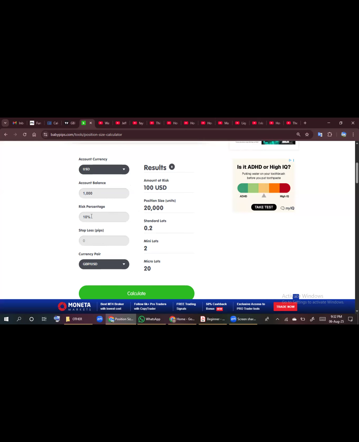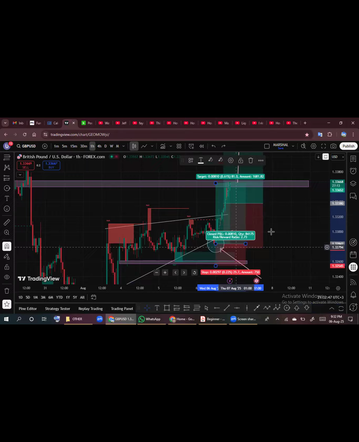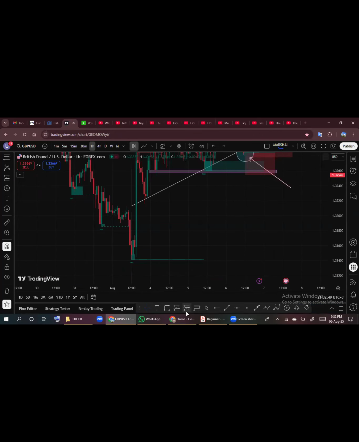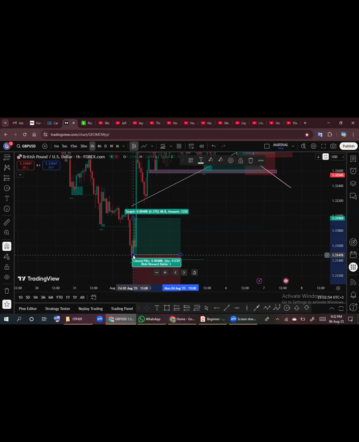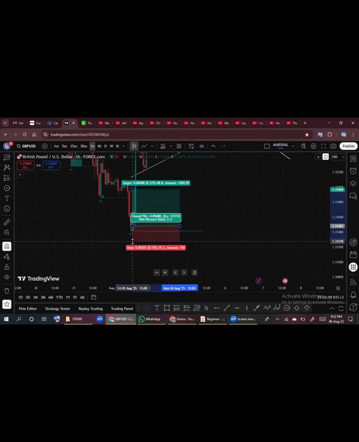So you have a 1,000 account and you want to risk 10%. So what you're going to do is 30 pips. Then you calculate what the market will give you. So this is what you're going to use. So let's say in this other trade here, you got entry from here and you want to use just a 10 pip stop.